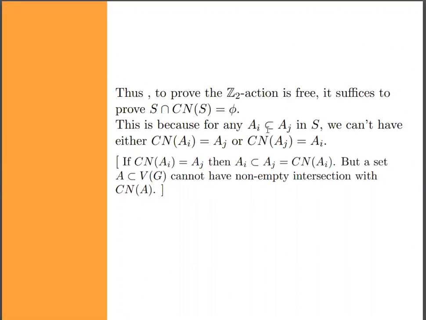But if such a thing happens, then AI is contained in AJ, which is equal to Cn of AI. Since AI is non-empty, that just means that AI and Cn of AI has a non-empty intersection, which is not possible. Similarly, for this case also, we can prove that it is not possible. So this will always be empty, and set to action is free.